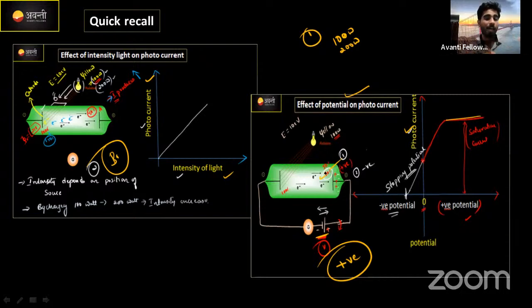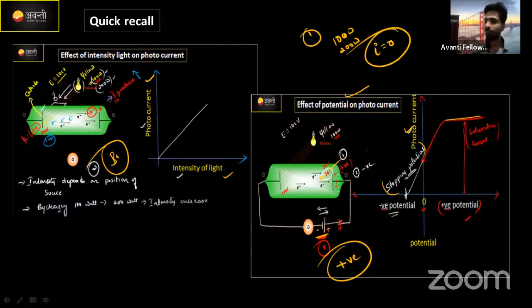Finally, the electron with the highest kinetic energy also stops coming near the anode. At that moment the value of current becomes zero. To make the current zero, the reverse potential that we provided, we call it the stopping potential.